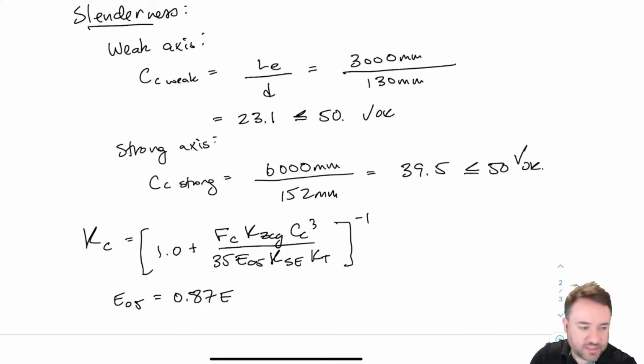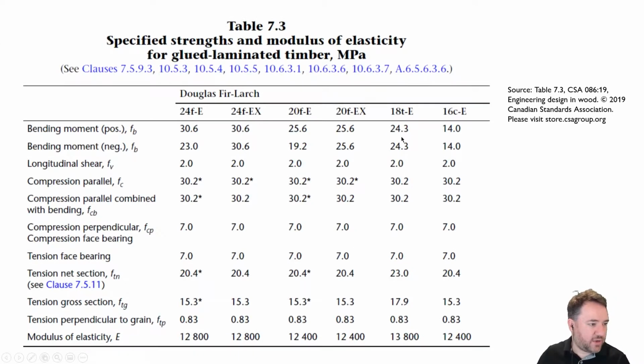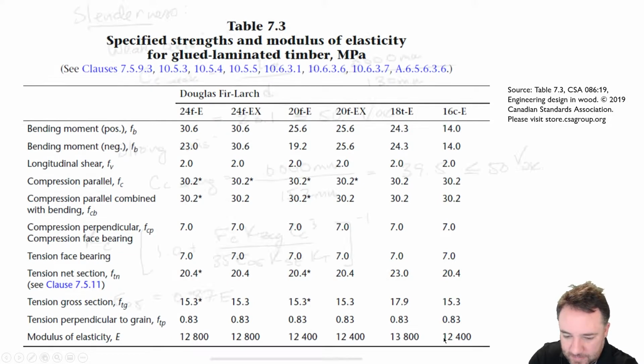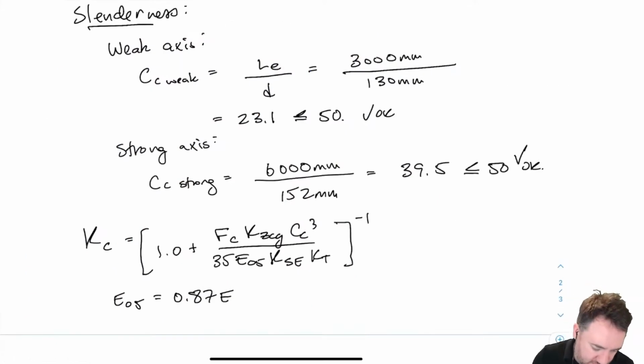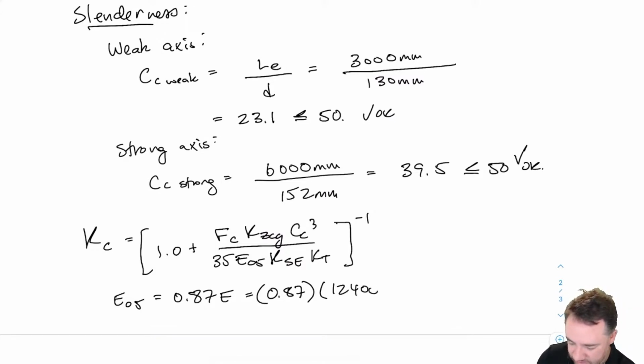So if I go back to that table, we're talking about 16C-E again. This is our grade for Douglas fir larch. We read down and we see modulus of elasticity E is 12,400. Here I can either do this calculation or I can sub it all in together. I'm just going to keep it separated for now. 12,400 MPa.